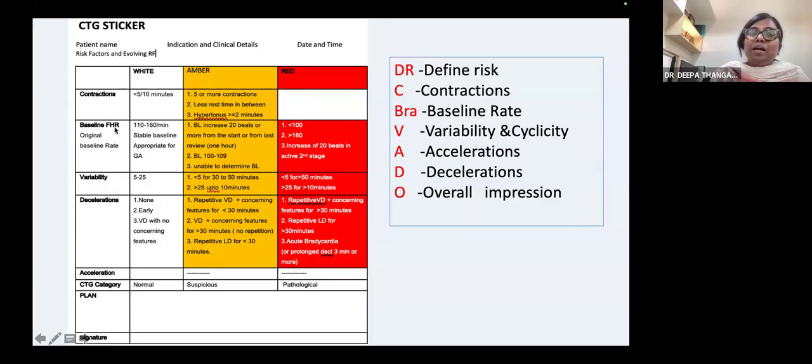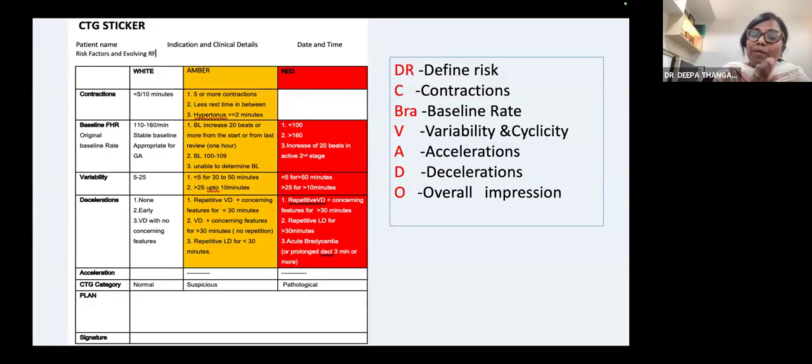Then comes the baseline heart rate. Whenever the baseline heart rate is mentioned, you have to write the original baseline heart rate. What does it mean? If the baseline heart rate is 110 or 120 or 130, you have to mention that 130 or 110. Why? Even 110 is normal, 160 is normal.